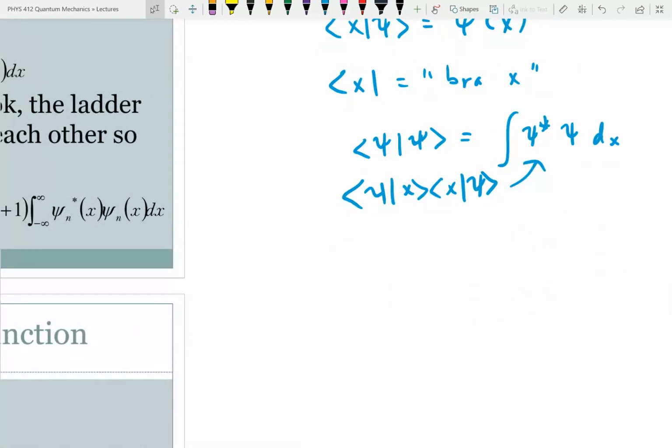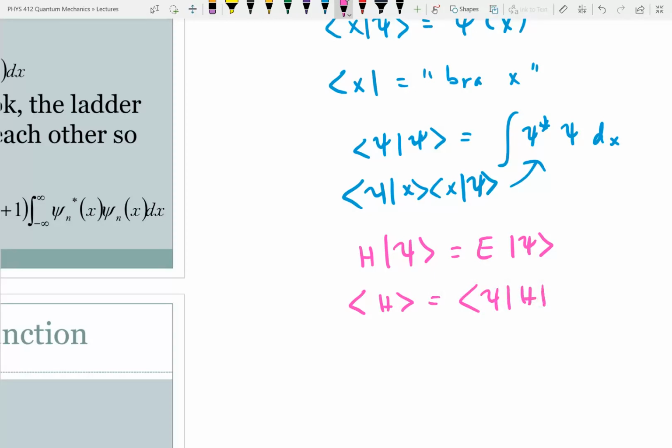And then we have things like our eigenvalue, eigenfunction relations are written like that. And expectation value of h is like that. And so this notation is very powerful in that it allows you to write things in an easier fashion.